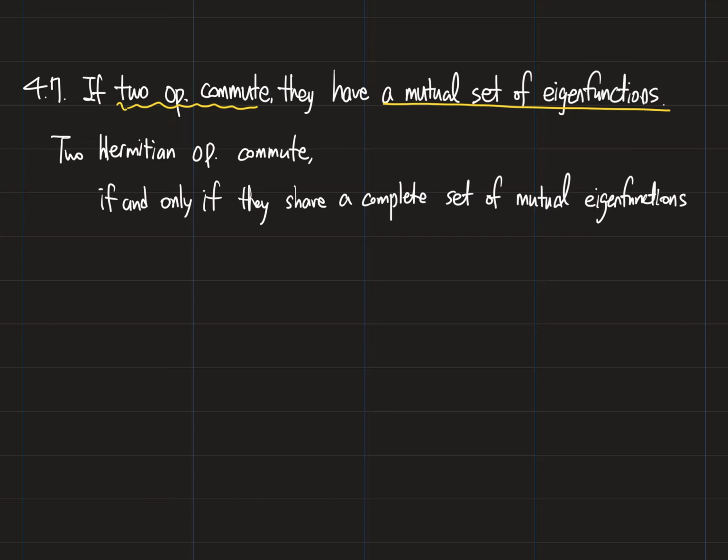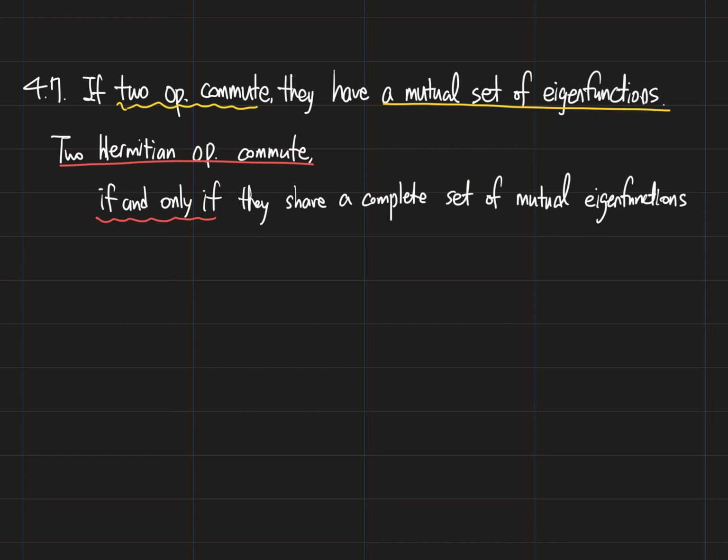Now we have two Hermitian operators, and there is an if and only if condition. That means we have to examine this statement in two ways, right? We have to examine that if the two Hermitian operators commute, then they form a complete set of mutual eigenfunctions.